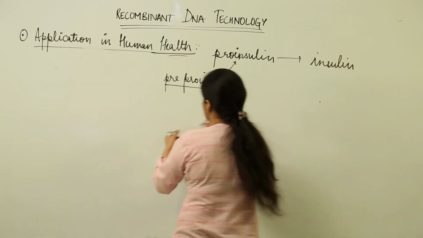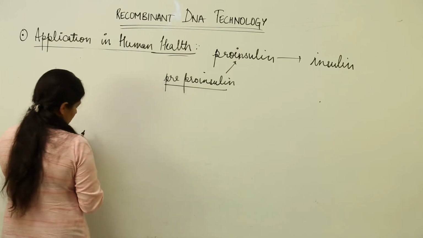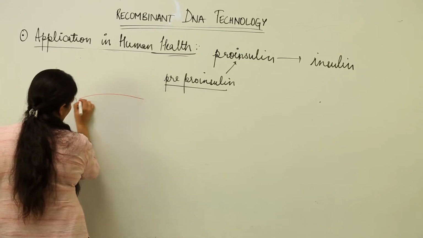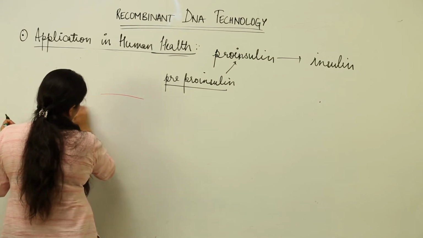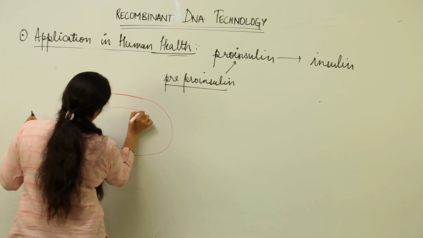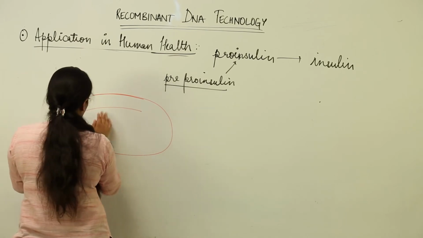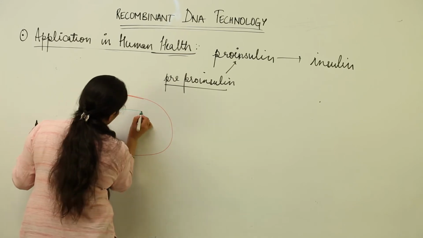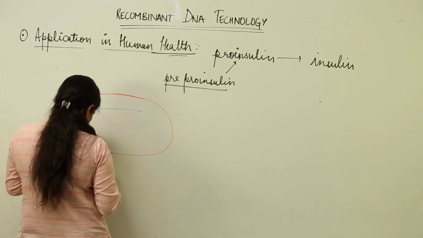Now, what happens is that proinsulin has three peptides: A peptide, B peptide and C peptide. Out of these, the A peptide and B peptide are necessary, while the C peptide has to be removed.